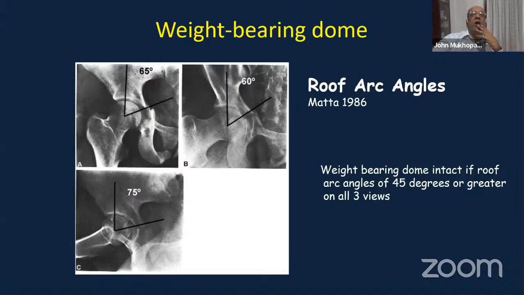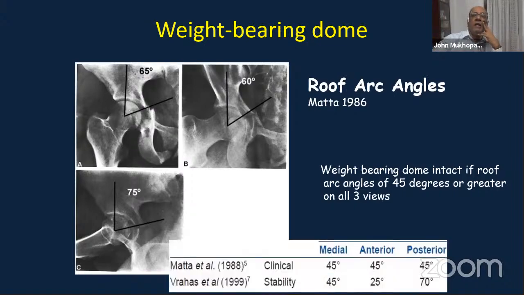However, this has been modified a little bit recently by Vrahas, who actually said that these angles are not as important in all three views. So I think if you look at the AP view, 45 degrees is good. If you look at the anterior part of the acetabulum, that is the obturator view, even maybe 25 degrees of an arc may be enough.